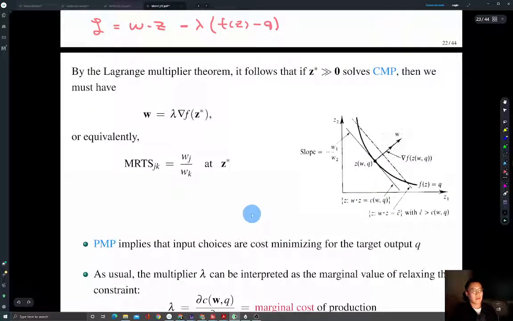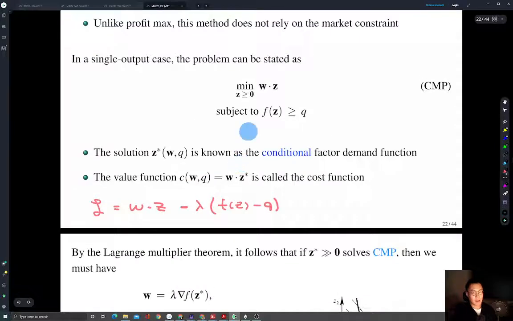That is not surprising, because if we compare cost minimization and profit maximization, profit maximization was P times f(z) minus w dot z.